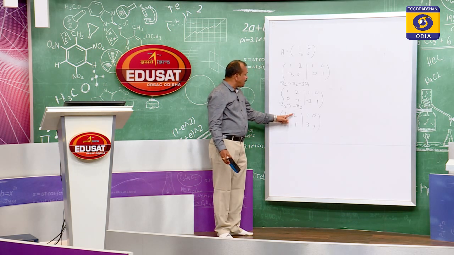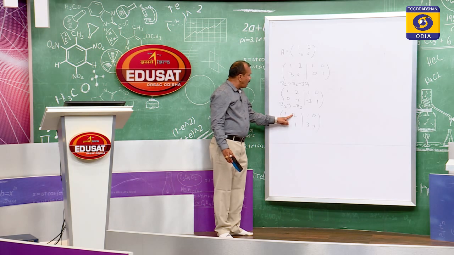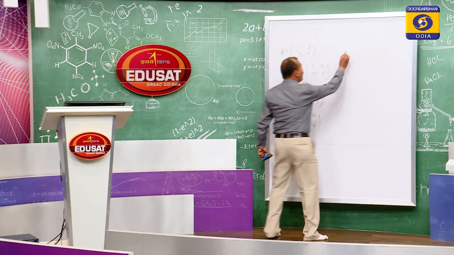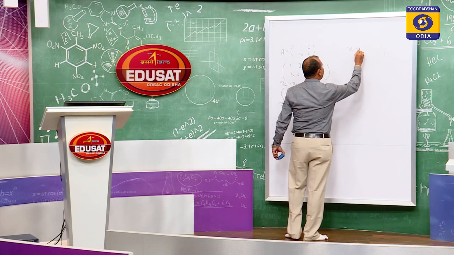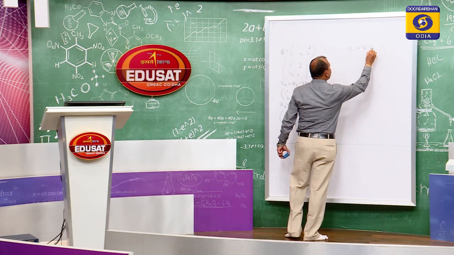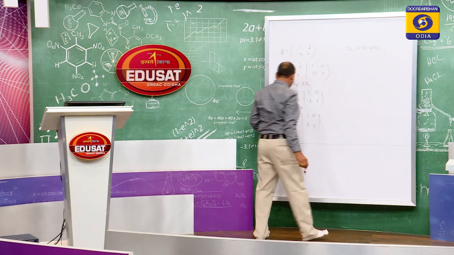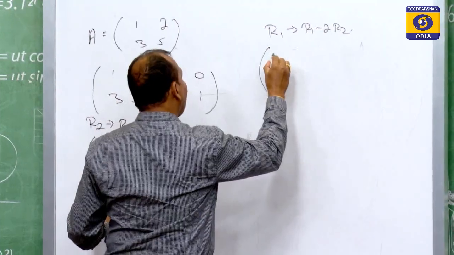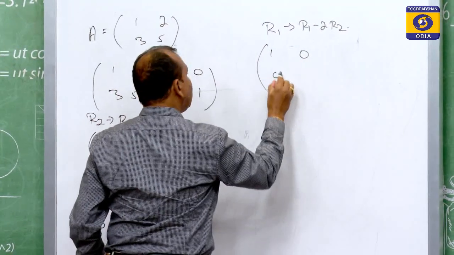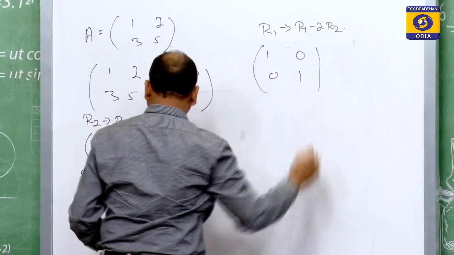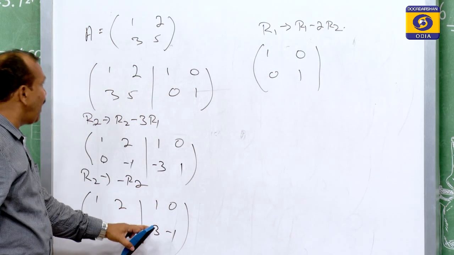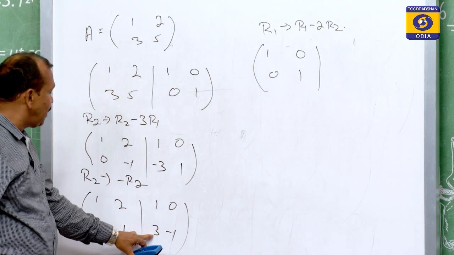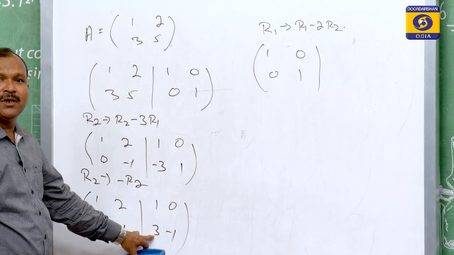Then we operate R1 tends to R1 minus 2 R2. The left hand side now becomes 1 0 0 1, and on the right hand side 1 minus 2 into 3, 1 minus 6, that becomes minus 5.